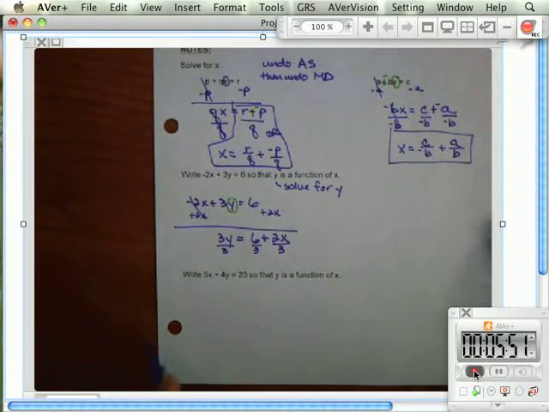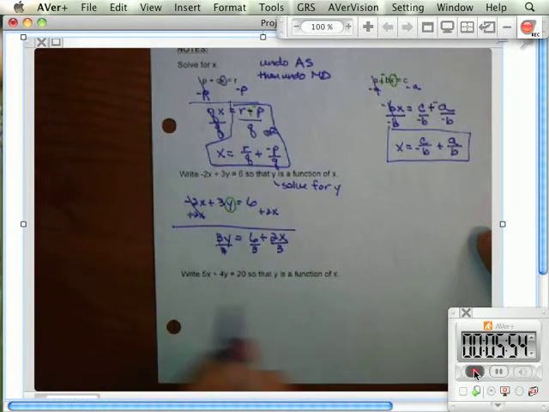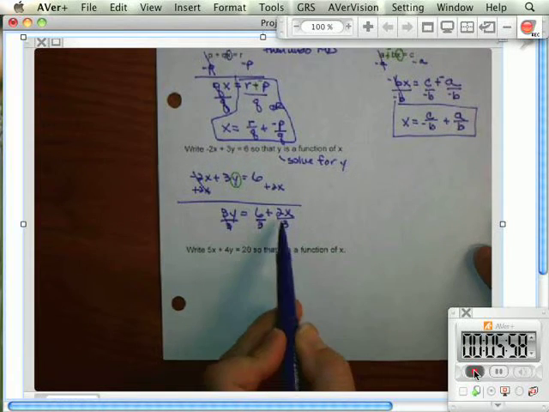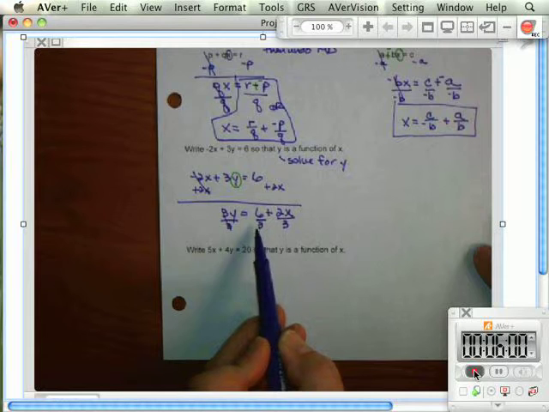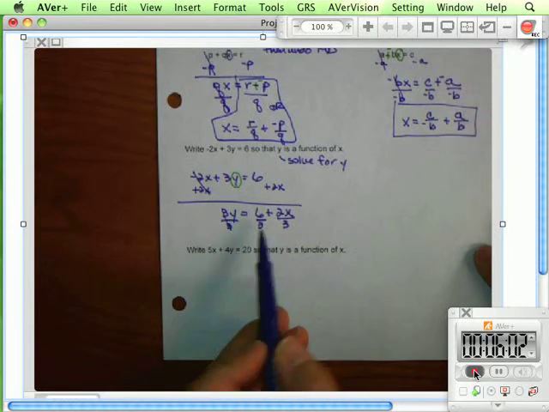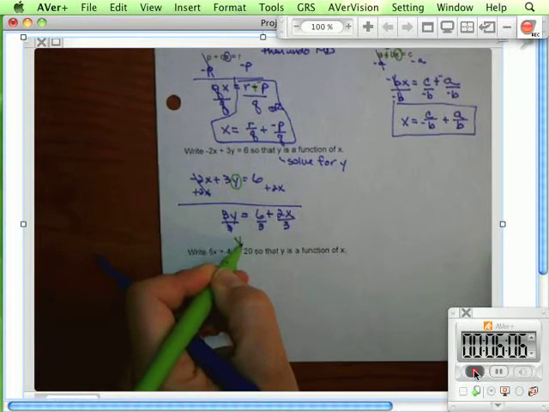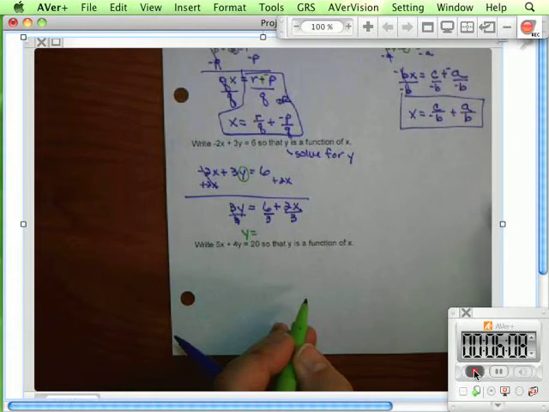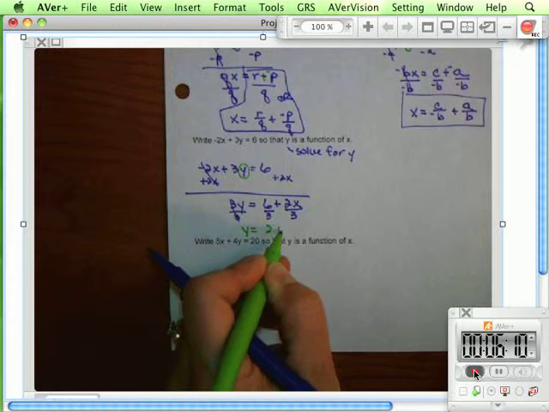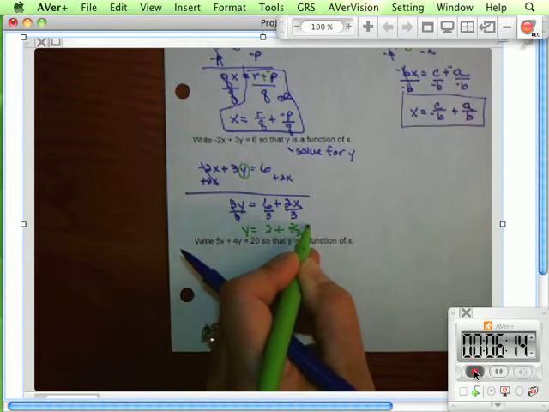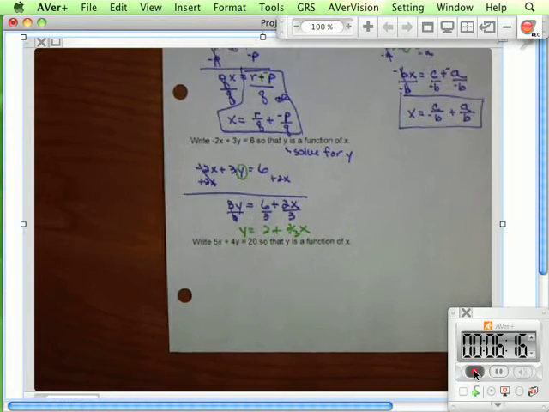When I divide everything by 3, this can become prettier. So this is going to become y equals, what's 6 divided by 3? 2. This I'm just going to leave as a fraction. 2/3 x comes out. And that's your answer. That's as far as you can go.